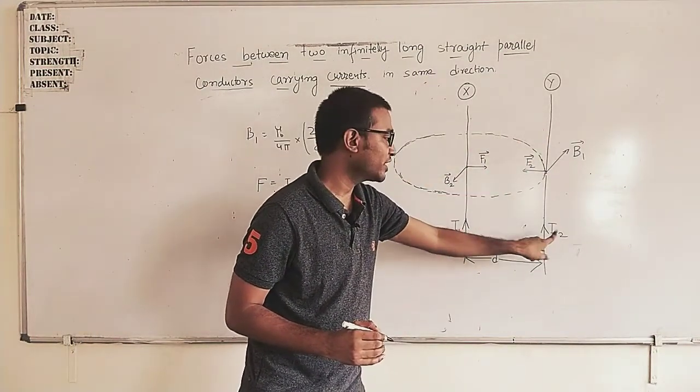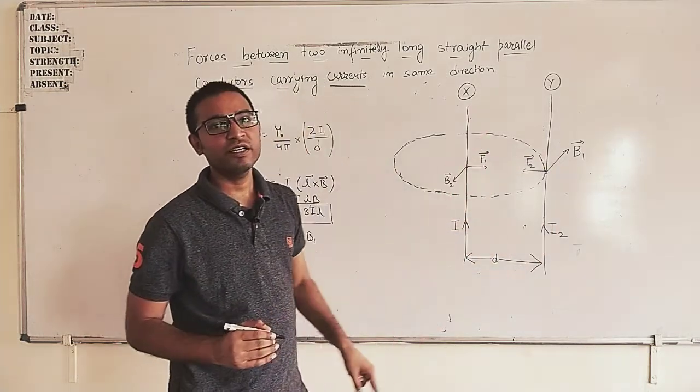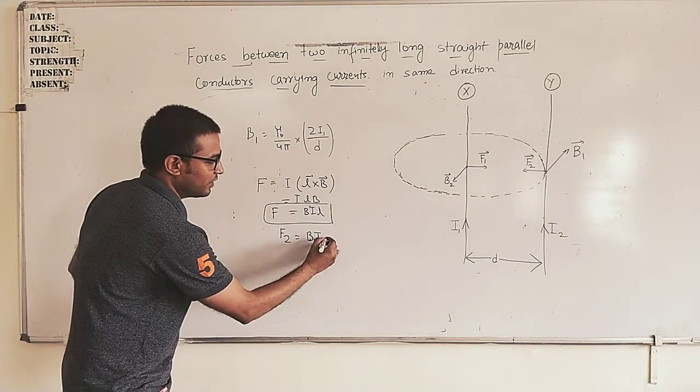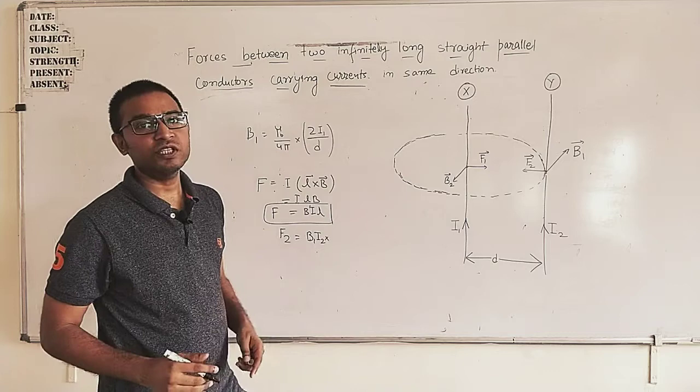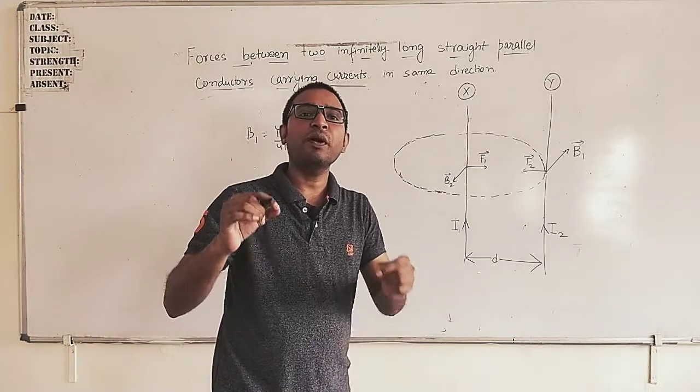We have to find out the expression for the force acting on this wire, so this I2 current we will have to put over here, into length. Let us suppose the length is unity.